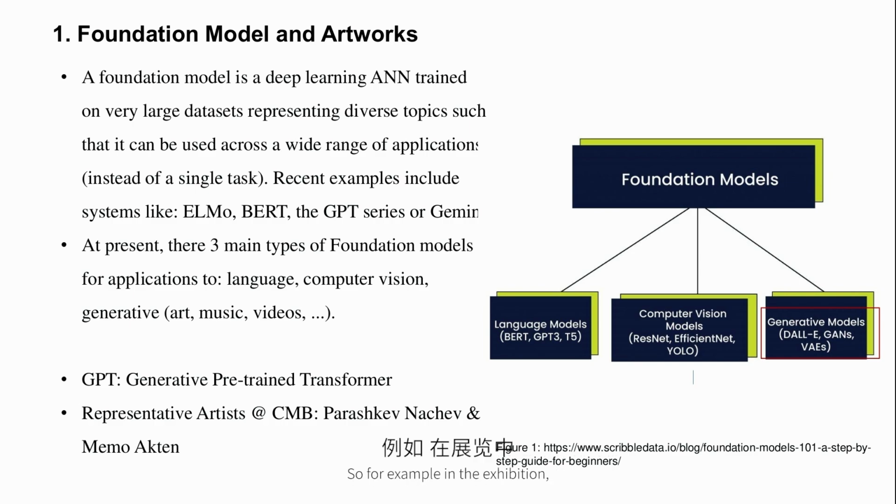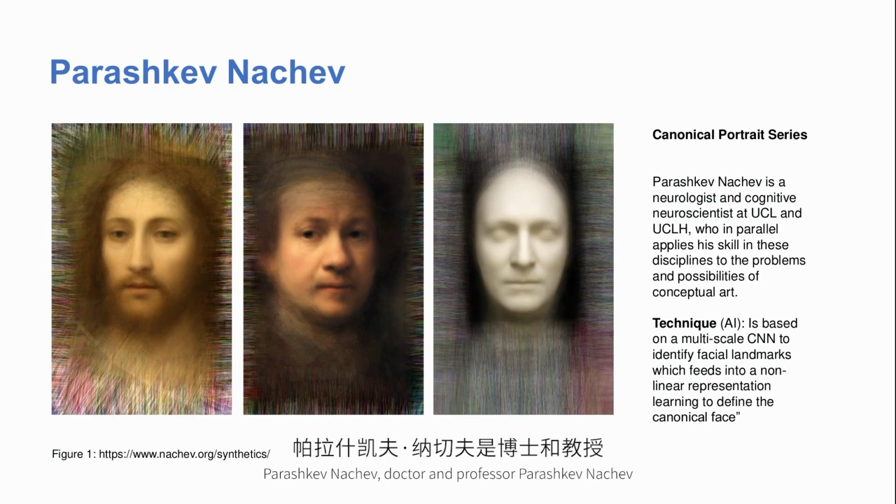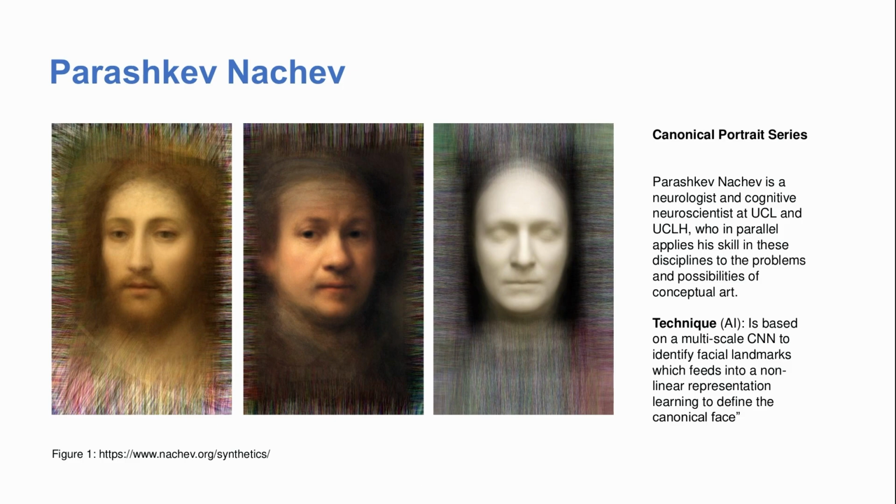So for example, in the exhibition, we'll see examples by Parashkev-Nachev and Memo Akten. Parashkev-Nachev, Dr. and Professor Parashkev-Nachev, is an expert in neuroscience at UCL in London. And he's also an artist and has been exploring forms of artistic rendering using technology for many years.